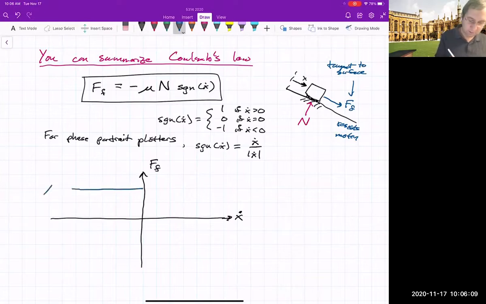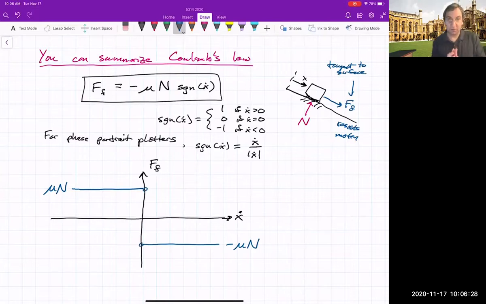We've got mu N for negative x dot, and then negative mu N for positive x dot. And if you want, we put a little circle here because nothing is defined at 0.